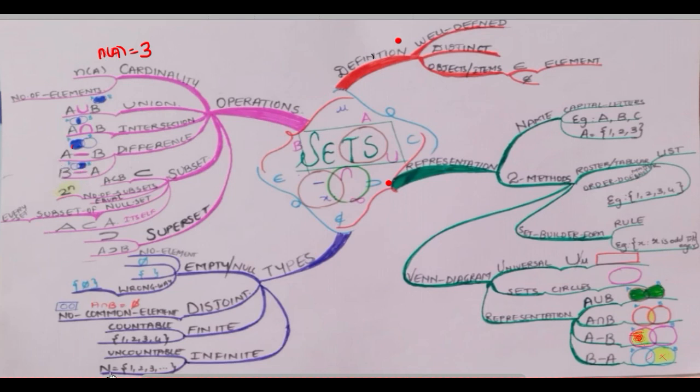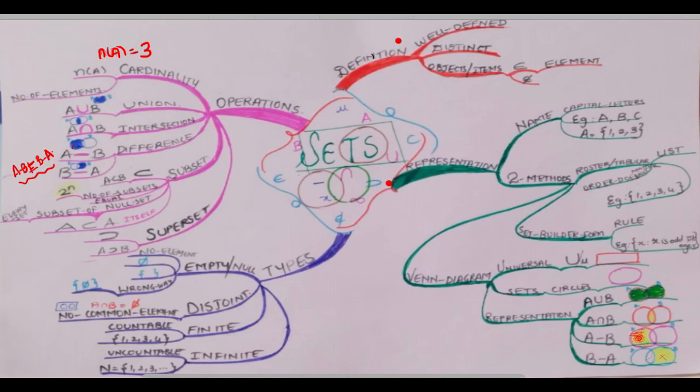Now, one more thing that we need to observe is A minus B is not always equal to B minus A. Under only certain circumstances it will be equal, otherwise they will not be equal.